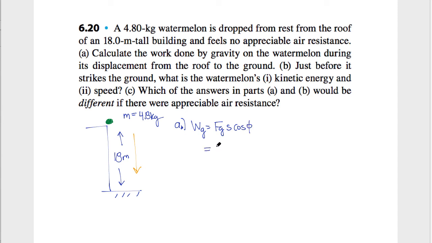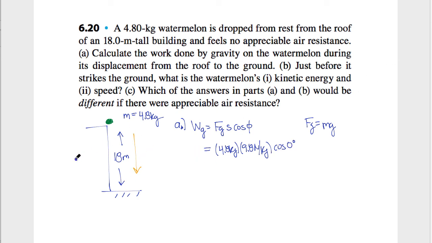So that will be 4.8 kilograms. Oh, I should point out, in case you've forgotten, force of gravity is equal to mg. So that will be 4.8 kilograms times, I'm going to go ahead and use 9.8 newtons per kilogram because I'm using a calculator, times the cosine of 0 degrees as they are acting in the same direction. Right?